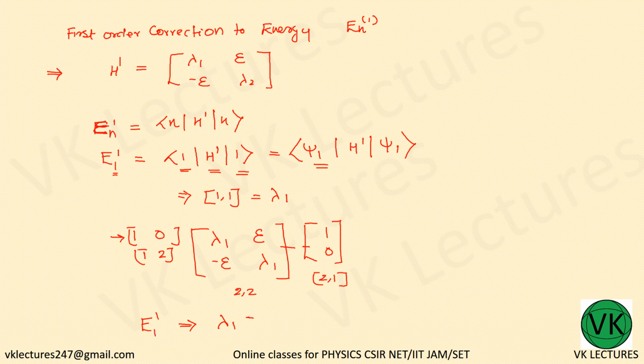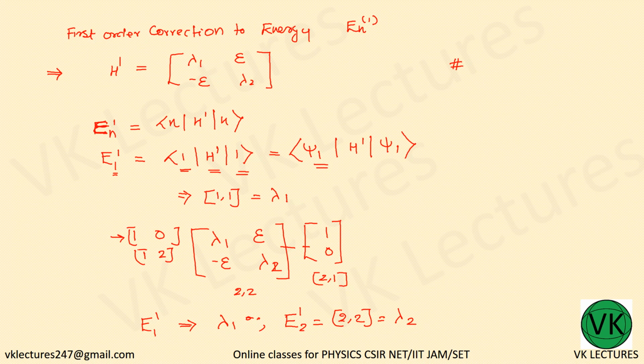So similarly, the first order correction to energy of the second state will be equal to 2 comma 2. What is 2 comma 2? That is lambda 2. Here you write lambda 2. So now what conclusion can we make?